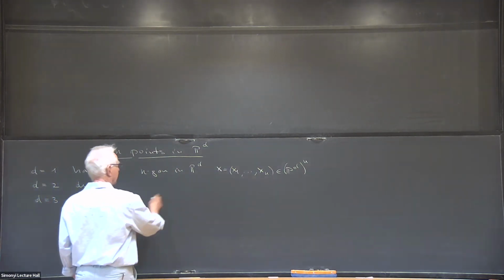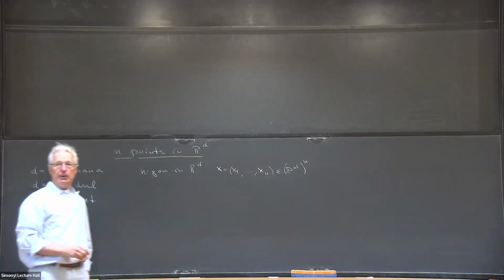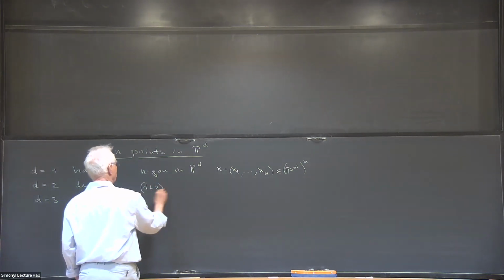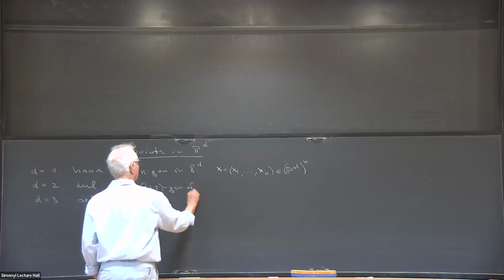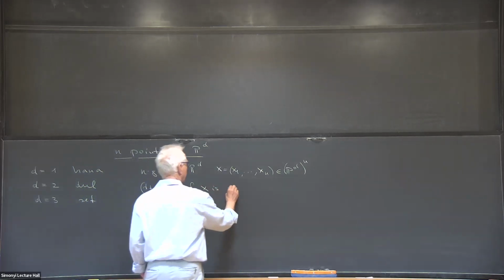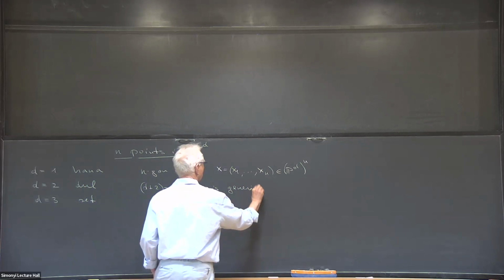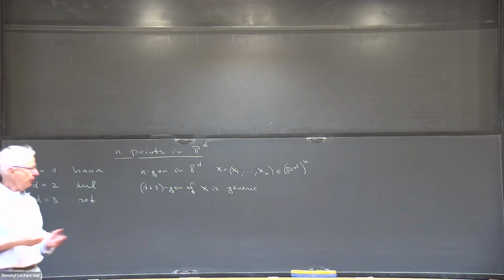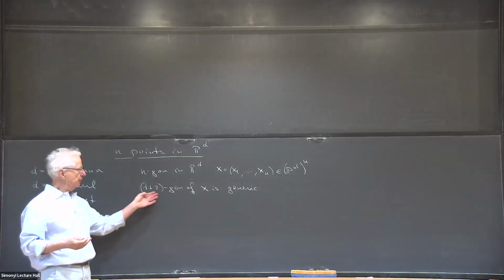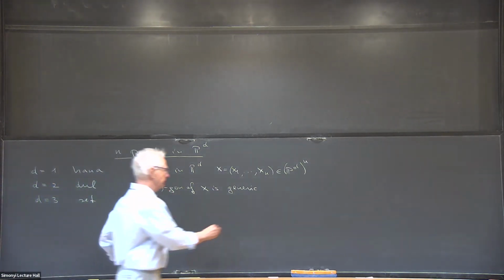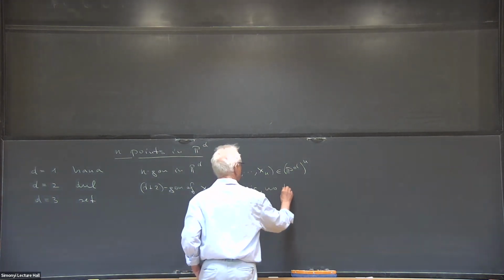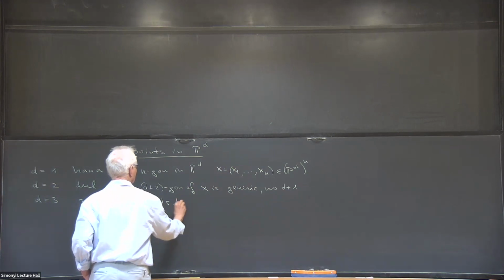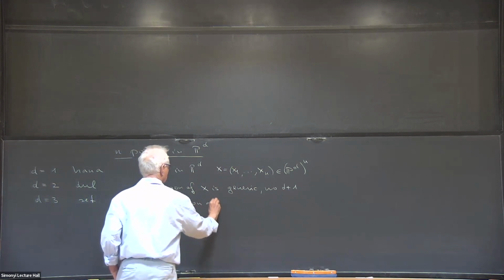And I will select inside this n-gon a d+2-gon. A d+2-gon of x is generic if no d+1 of the points of this d+2-gon lie on a hyperplane. No d+1 points lie on a hyperplane.